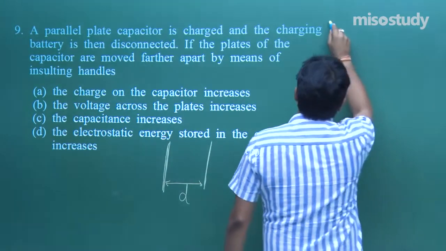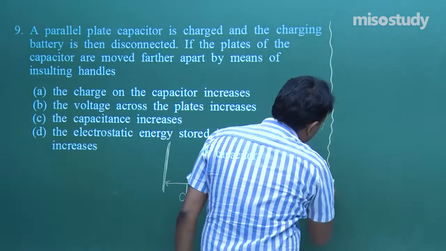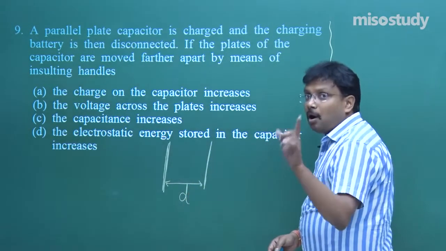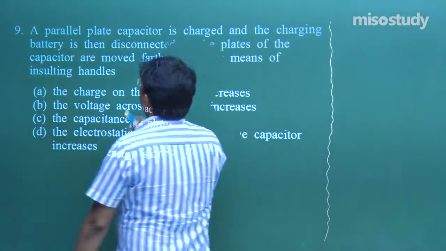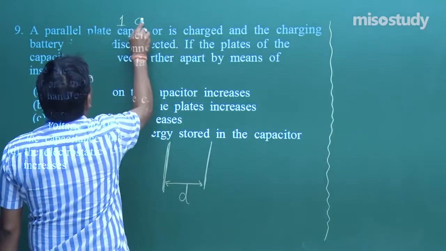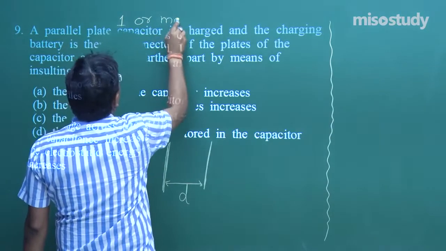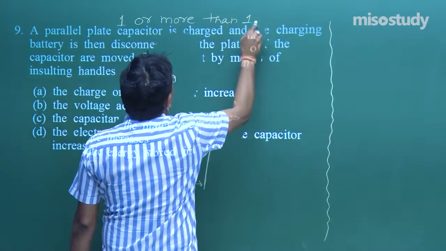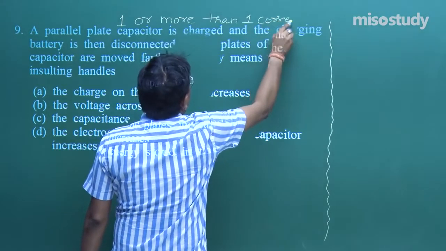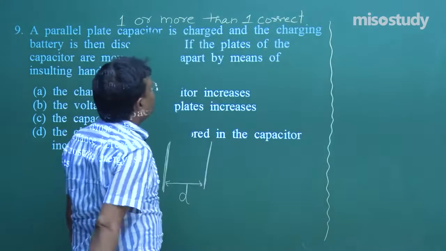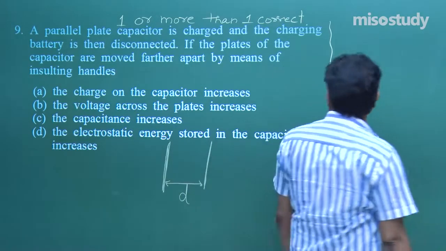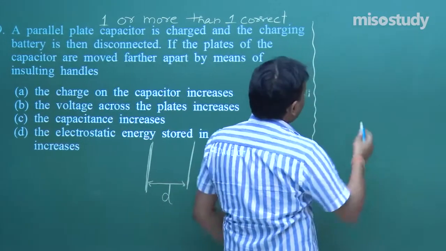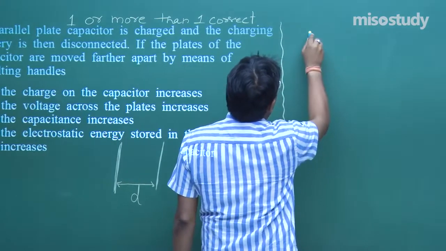Let us try to find the solution. And this question also comes in the category of one or more than one correct, because with the help of just one question, I am trying to explain you at least 2-3 concepts. Fine. So what exactly is the situation?